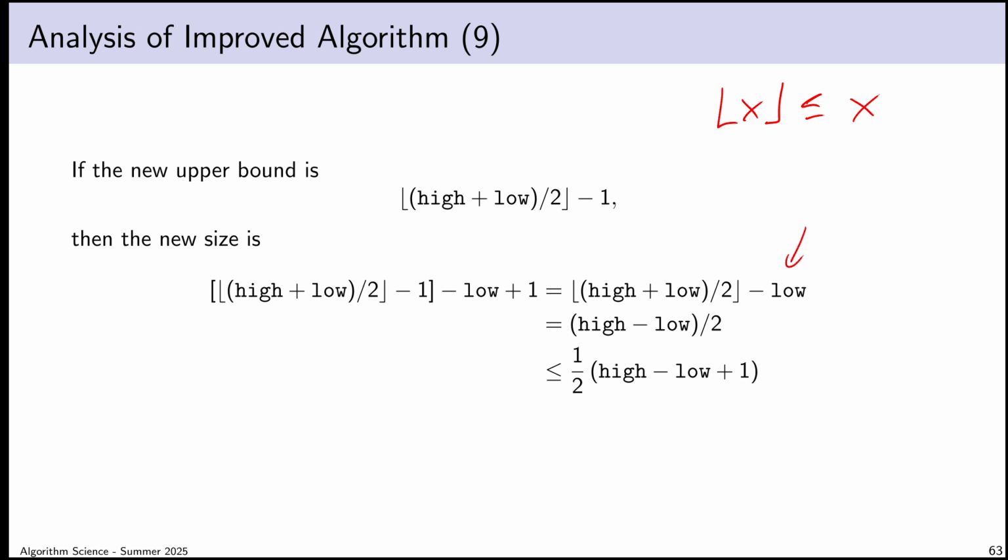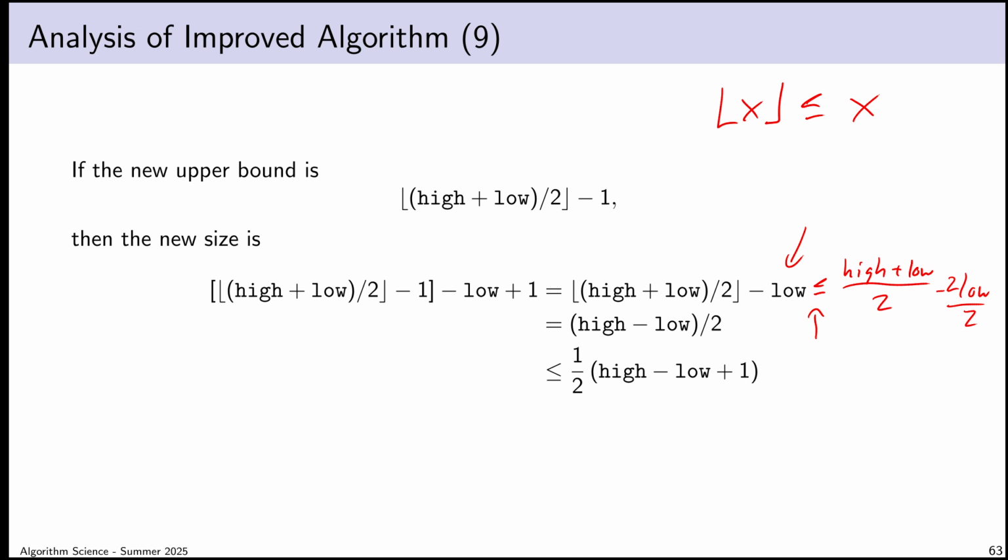Maybe I'll write an extra step here. This is less than or equal to high plus low all over 2 minus low. There's the less than or equal to sign. And then if I just put this on a common denominator, so it's minus 2 times low over 2, then I wrap around to this step here. So there should be maybe one extra algebraic step to show where I'm getting rid of the floor function there.